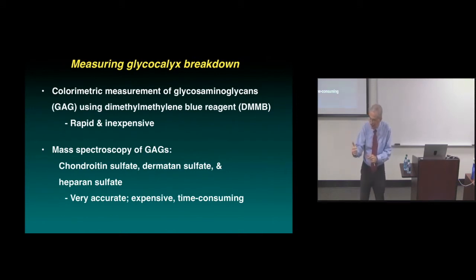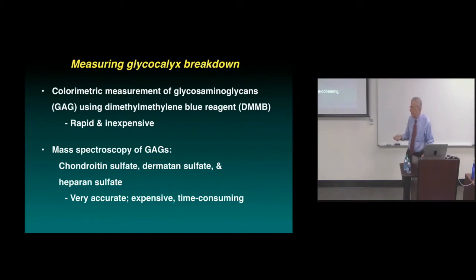You can put a sample in there. We measure urine where these things are excreted. You can put the sample in there and then add this reagent, and instantly you'll get a color. It's really dark blue if there's a lot there, and there's no color or very light blue if there's not much there. And that's it. You know, we can do that assay. And then we have automatic plate readers to measure the density.